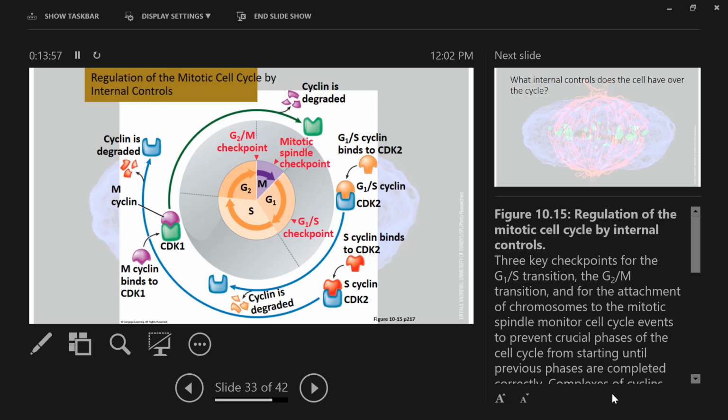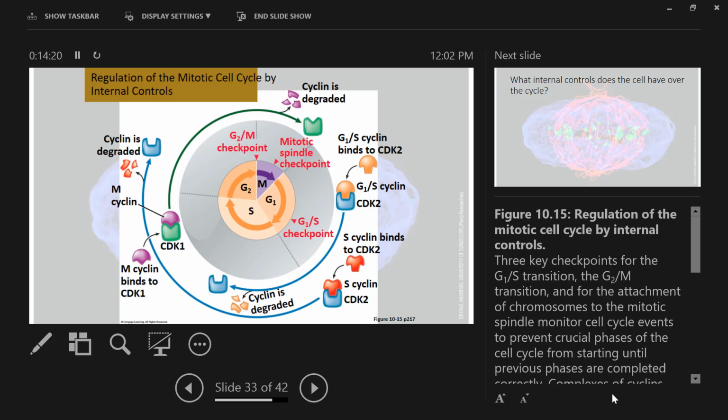So here we have CDK2 binding to two different chemical components in order to get the cell to move from G1 into S phase. Do you see that? So early in G1, CDK2 has to bind what we call the G1S cyclin to start to prepare it for S phase.